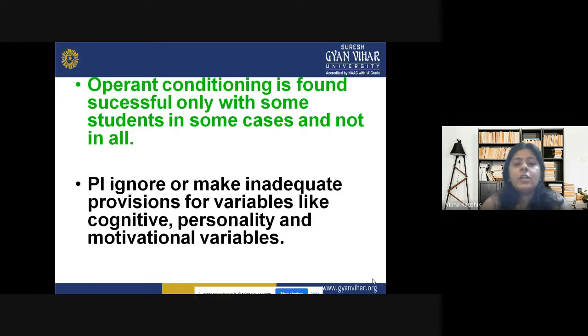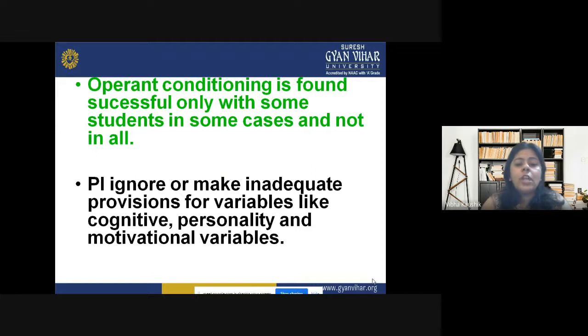Operant conditioning is found successful only with some students in some cases and not in all. It means the operant conditioning learning theory cannot be applied to all the students in the class, and it can be applied to only some students in some cases and not the whole class.